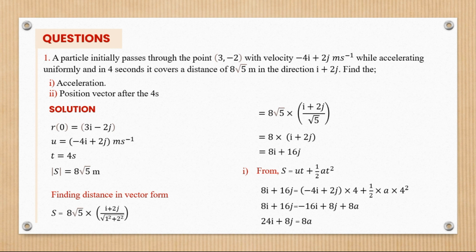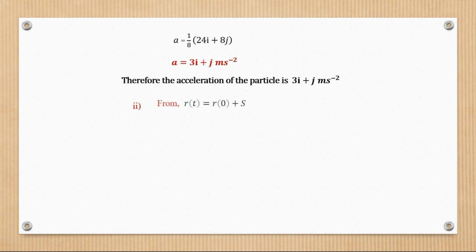So in part 2, we're being told to find the position vector after the 4 seconds. Now we remember the formula for position vector: r(t) is equal to r0 plus s. I'm going to plug in the values. I know the time taken is 4, and the initial position is 3i minus 2j, because that is already given.